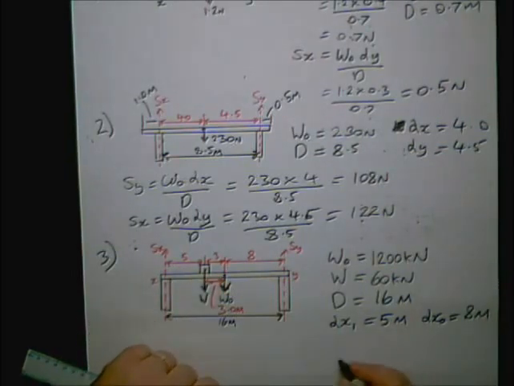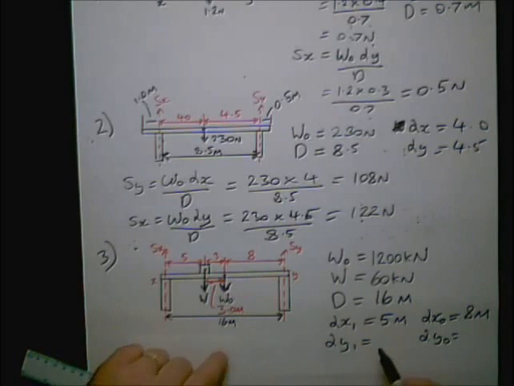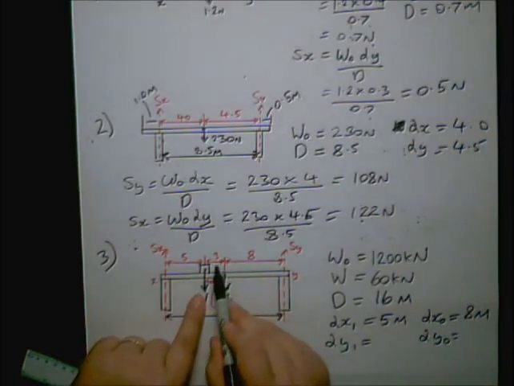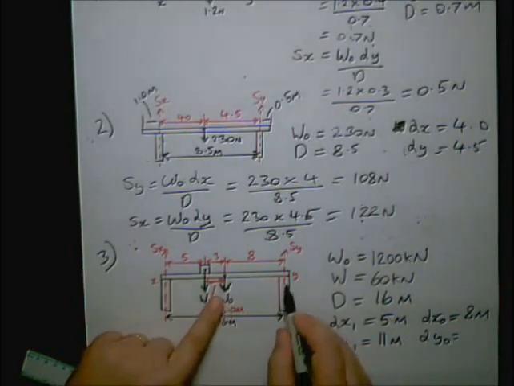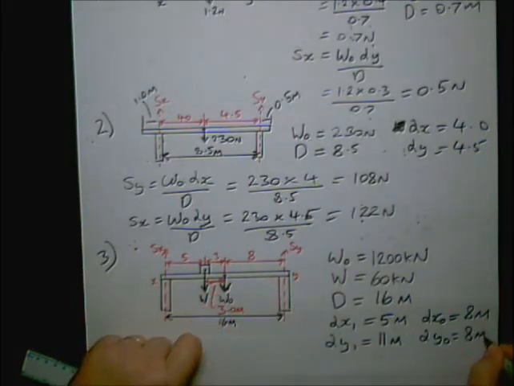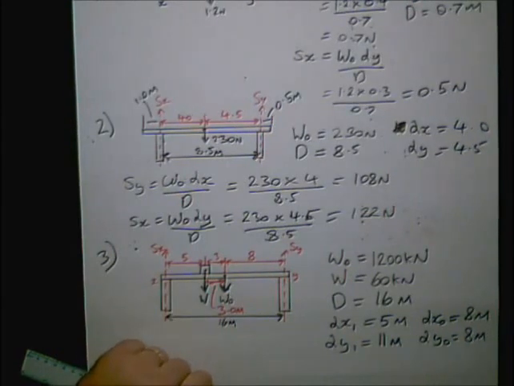Filling in the bits we've got, our y values as well. So our y value to the weight is going to be 8 plus 3, so it's going to be 11 meters, and to the mass 8 meters. These should be the same because we know it's halfway.